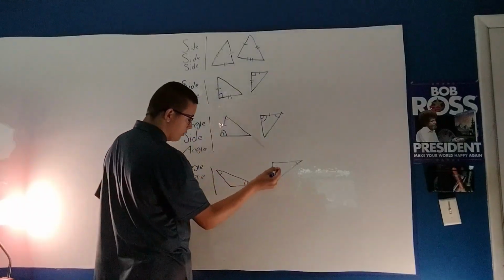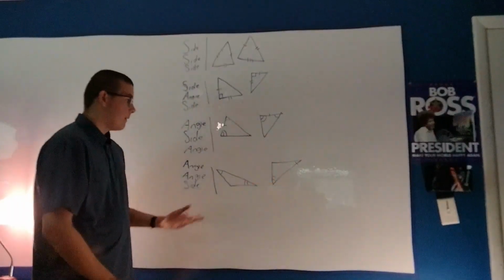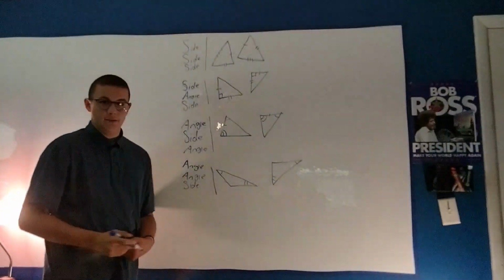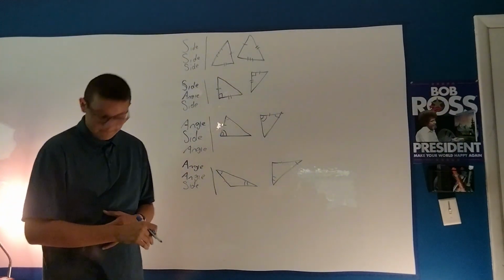So let's say we can prove that congruent. And that would be angle, angle, side. So any two angles and a side that's not between them.